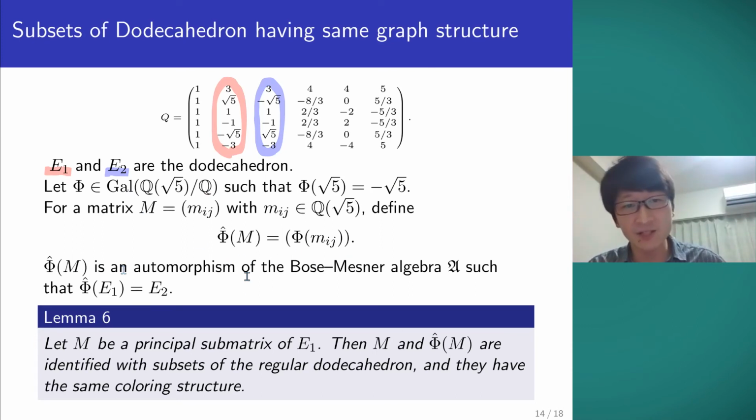Then φ-hat is an automorphism of the Bose-Mesner algebra R such that the image of E1 is E2. Then let M be a simple principal submatrix of E1. Then M is identified with a subset of the dodecahedron. Then M and φ-hat M are identified with subsets of the regular dodecahedron, and they have the same coloring structure.